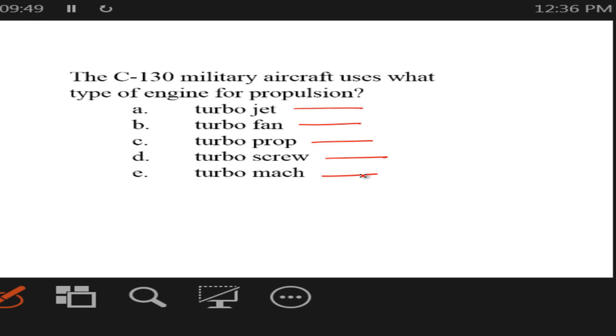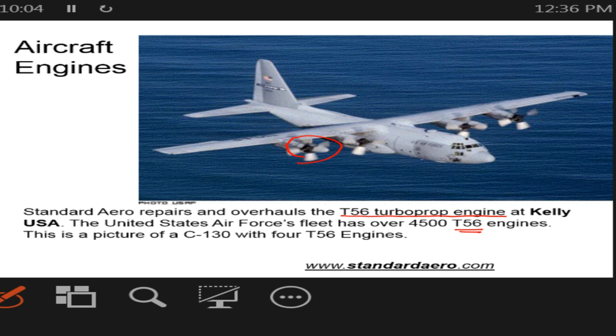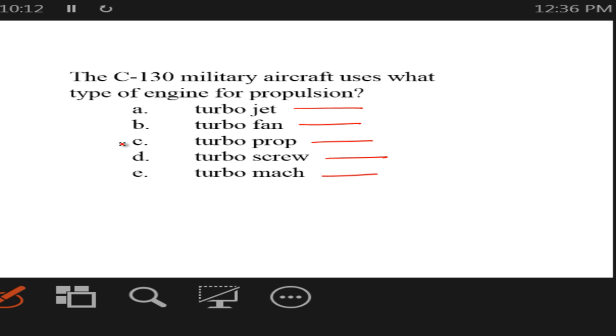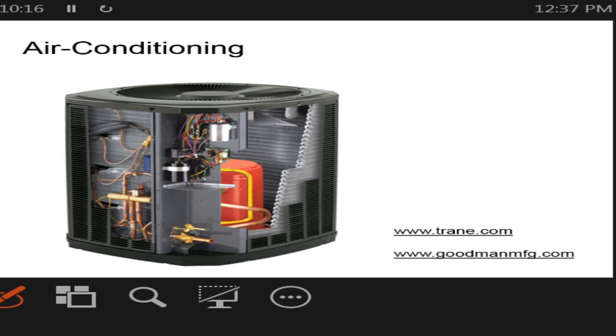We'll go C, B, C, B, C, C. Let's go back and look. What one is it? Turboprop. So it's a turboprop. Very good. Thank you for humiliating yourself in front of your friends.